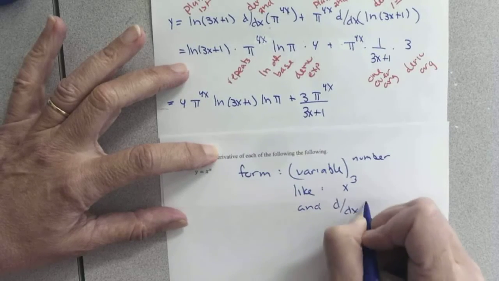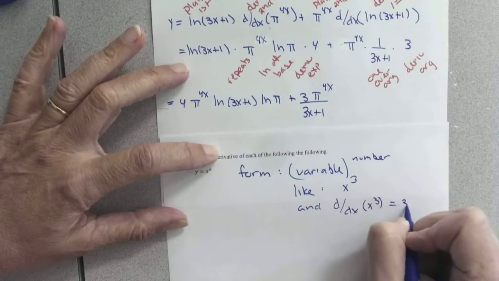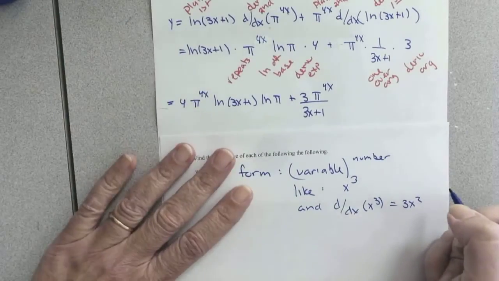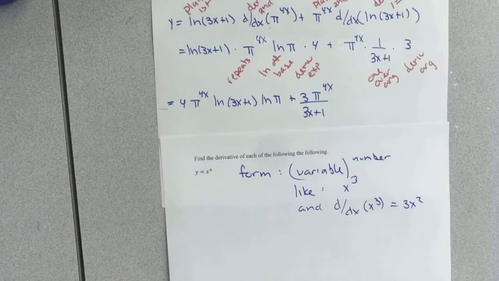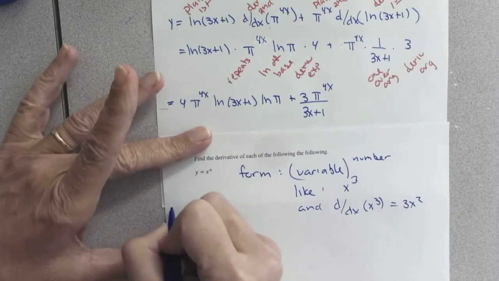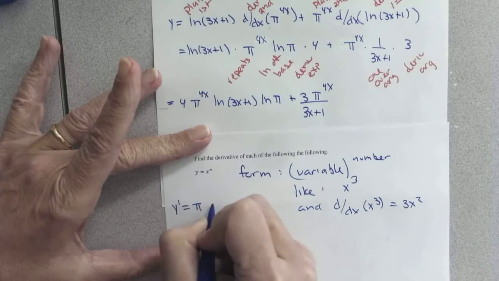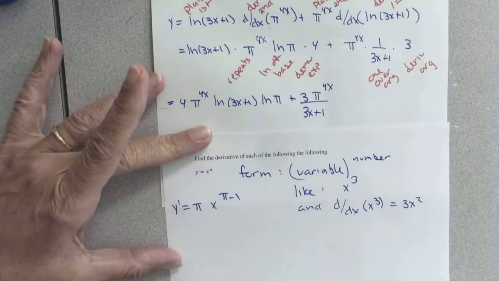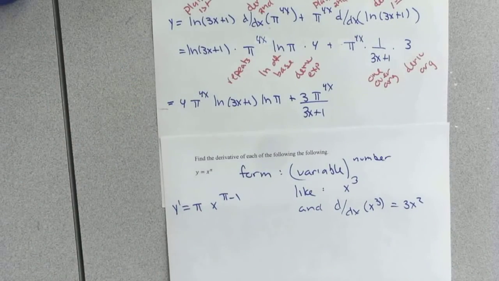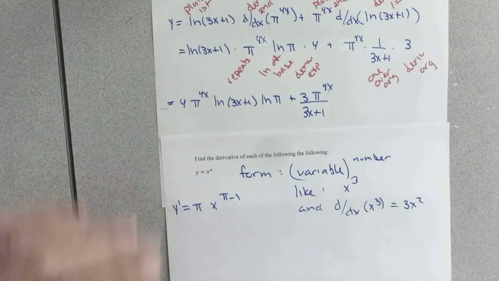And the derivative of x cubed is 3x squared. And so my point here, be very careful, and you have to look at your forms and pick the correct method for the form here. So this one, the answer is multiply by the exponent, decrease the exponent by 1. That's the rule that we have to use here.